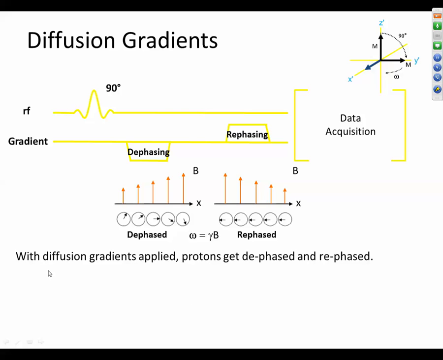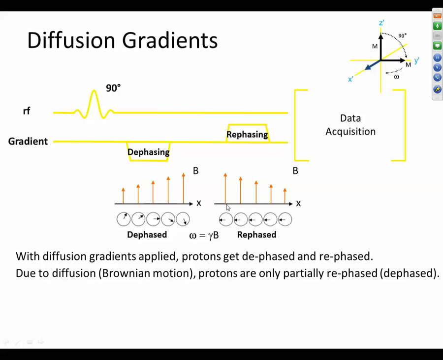So what we said is we can apply a diffusion gradient, and after applying two gradients, one is a defacing gradient and one is a refacing gradient, the protons first get defaced, and then later on they get refaced. They can be fully refaced if they are static.